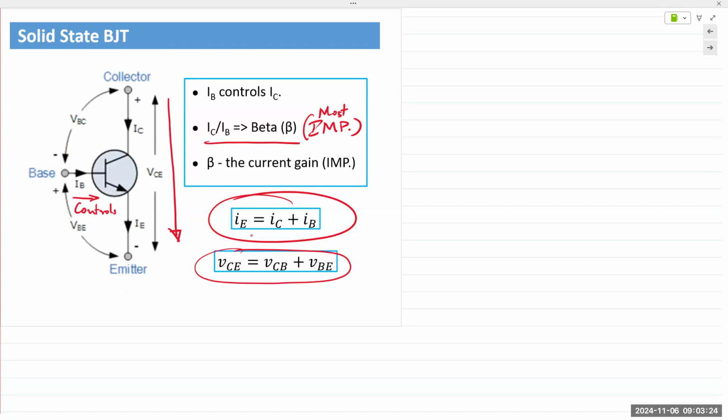For most operating modes, the emitter base junction is forward bias. VBE is forward bias. So if it's forward bias, what is the voltage for VBE? It's a forward bias PN junction.